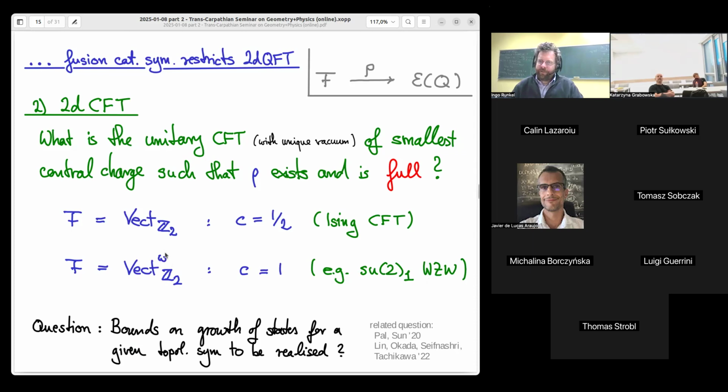But this slightly hidden datum of the symmetry, which is how you have to reconnect defect lines, if you know that it's this twisted version of the Z2 and it's realized in your CFT, you know it has at least central charge 1 if it's unitary. So these symmetries, by taking into account the fact that they have more information than just a group, can tell you more things.